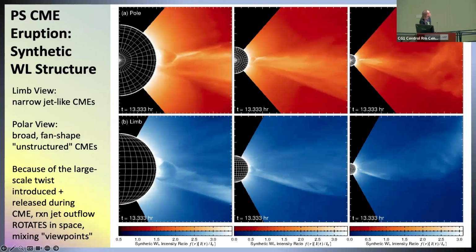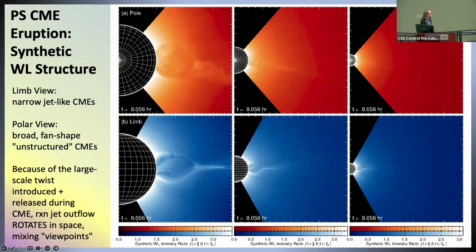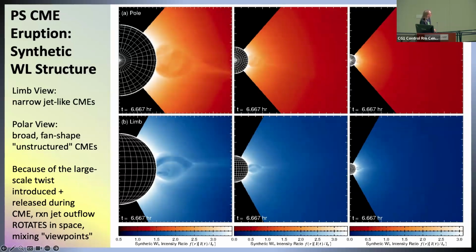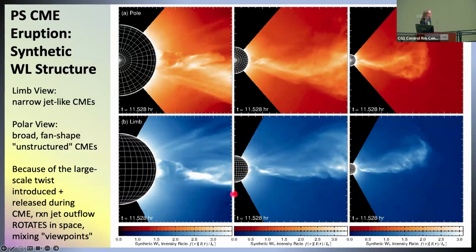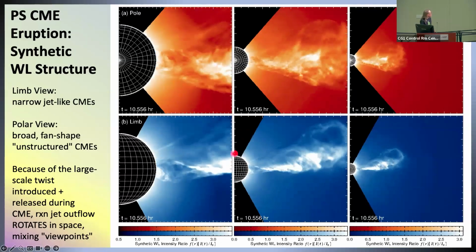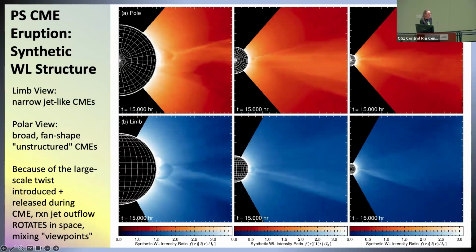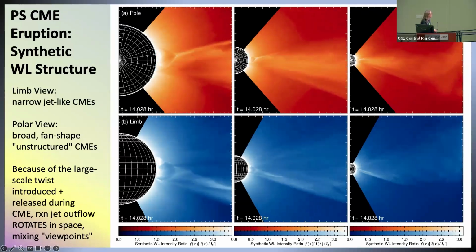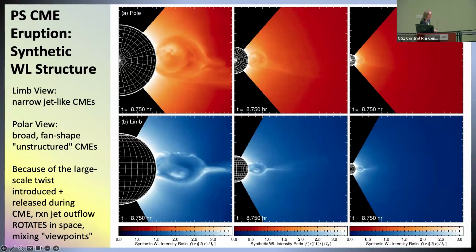So this is what that same eruption looks like in fake coronagraph observations. Again, a ton of structure, even though this is an isolated, idealized pseudostreamer. And all I've done was just put some energy into that closed flux system. I've generated a ton of structure because that's what space plasmas do, evidently.